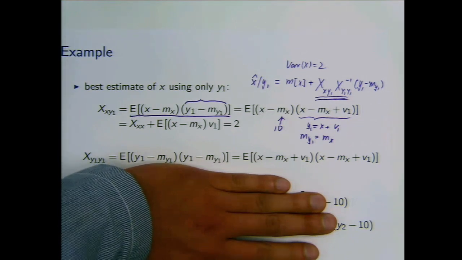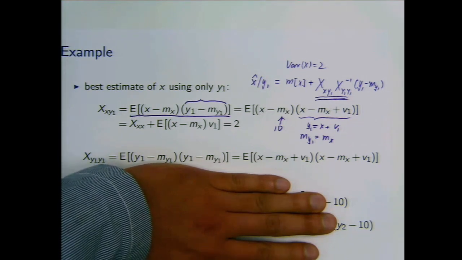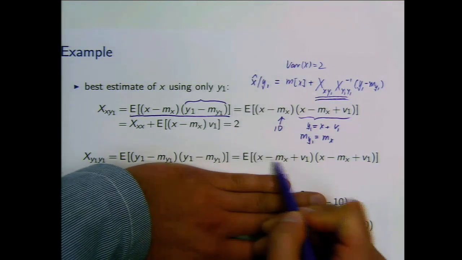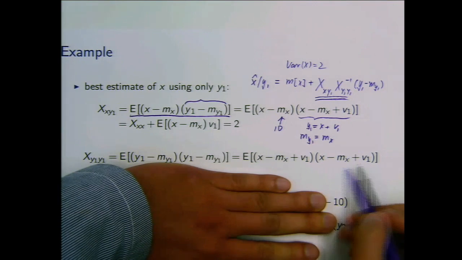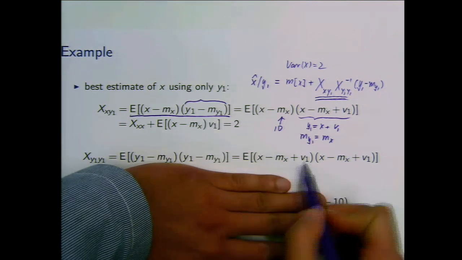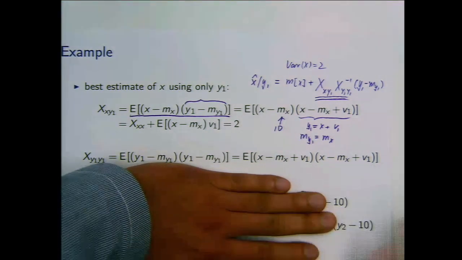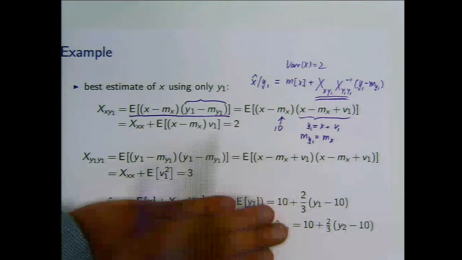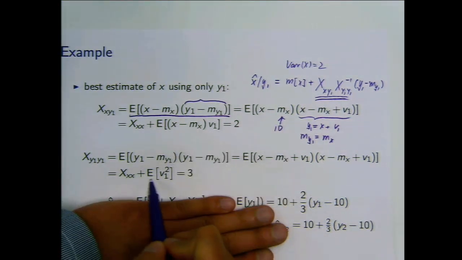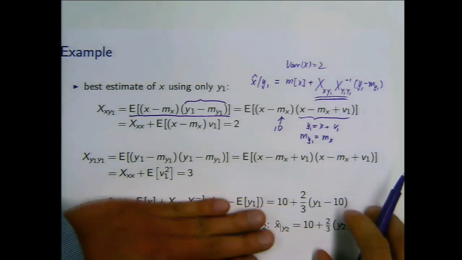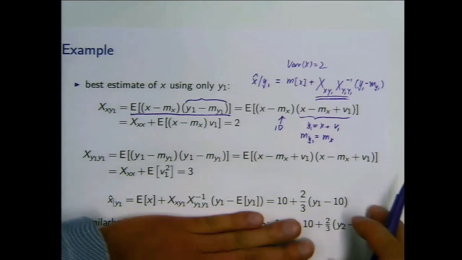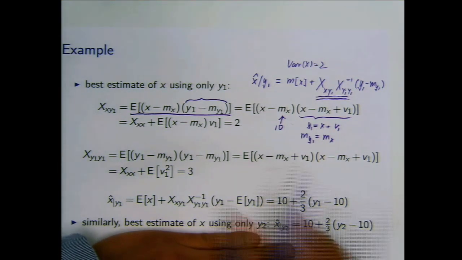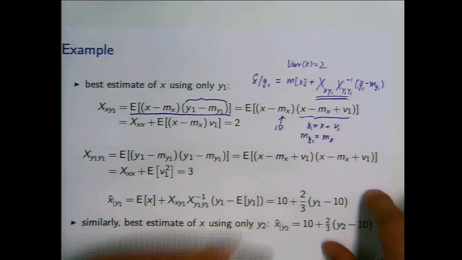Everybody see that? It's going to be the variance of x plus the variance of v1. Because v1 and x are uncorrelated, there's no cross product term. So this is 2, plus the variance of v1, which is 1, so it's going to be 3. Okay? So do this practice yourself, because when deriving the Kalman filters, we'll be using these tricks again and again.